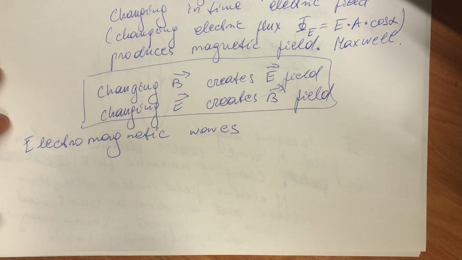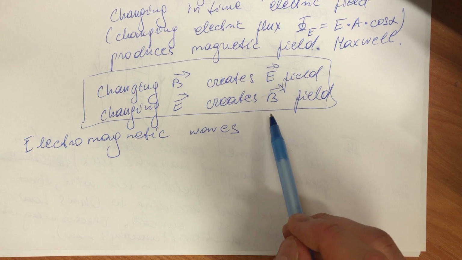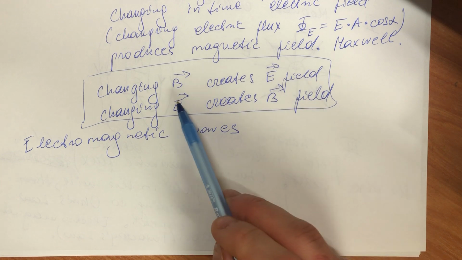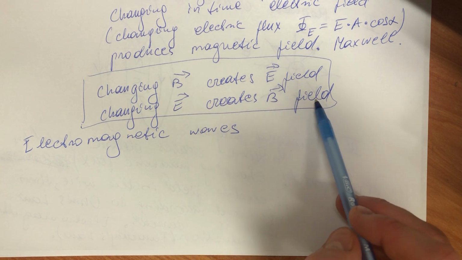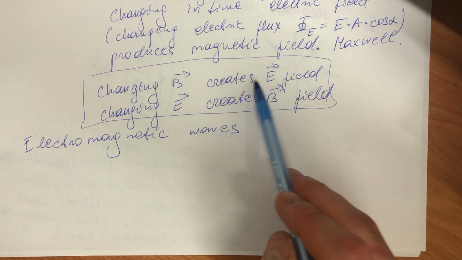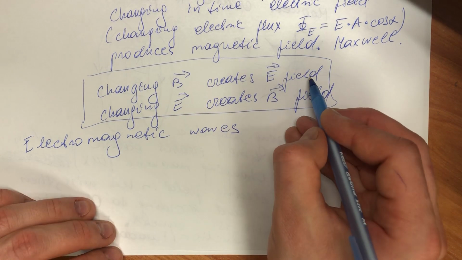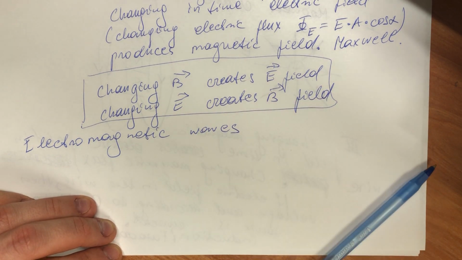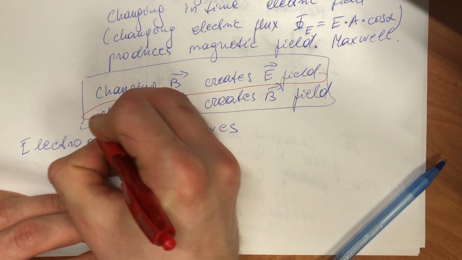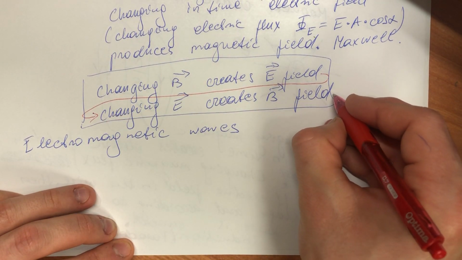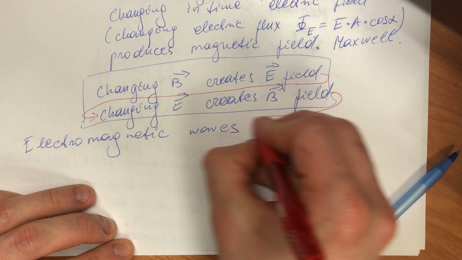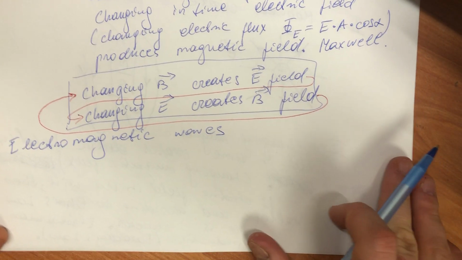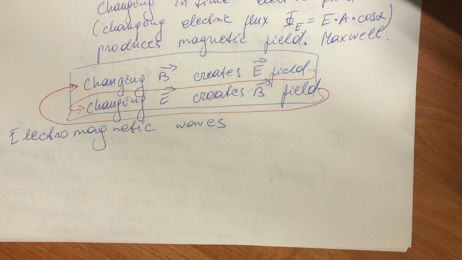So he said there has to be electromagnetic waves where changing magnetic field creates electric field and changing electric field creates magnetic field. We can draw this like this, and from this we go back to this. So it is now a continuous process.